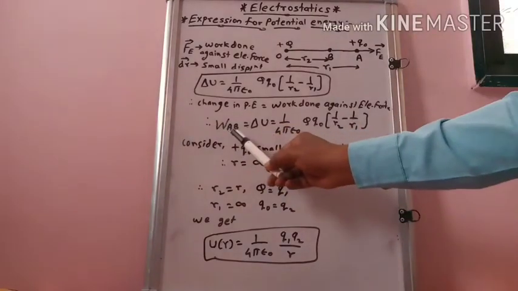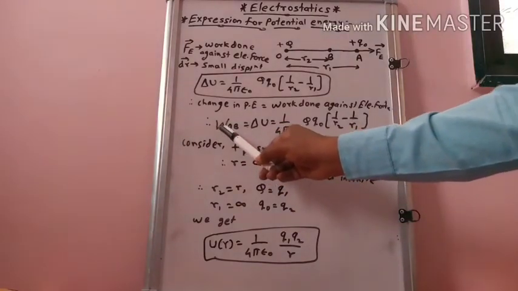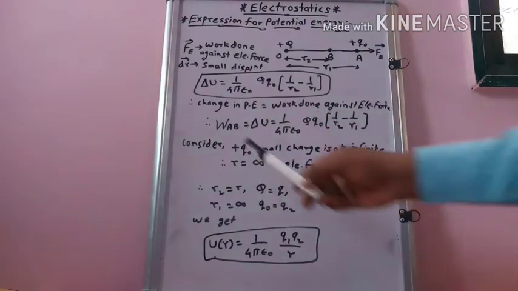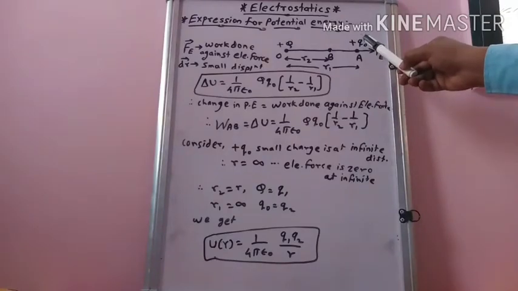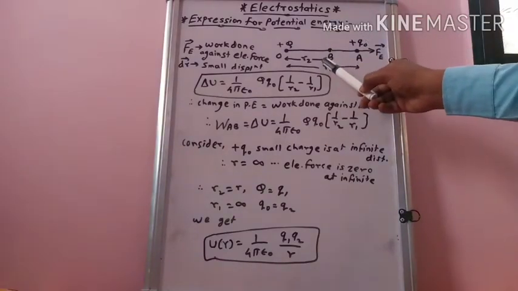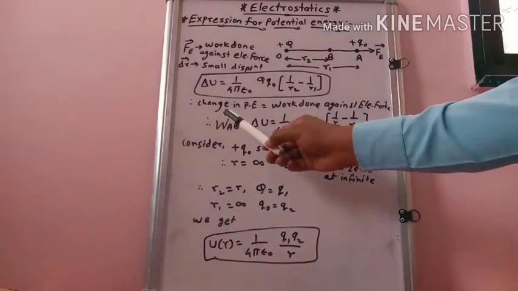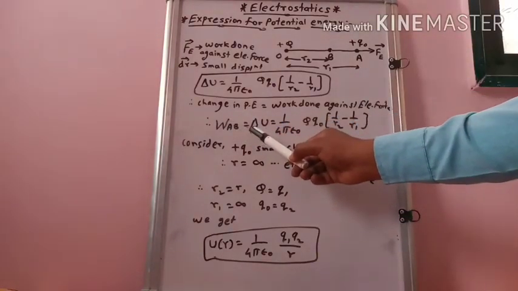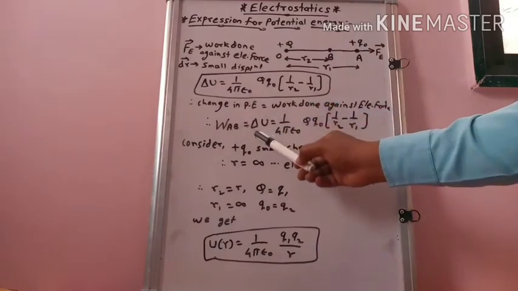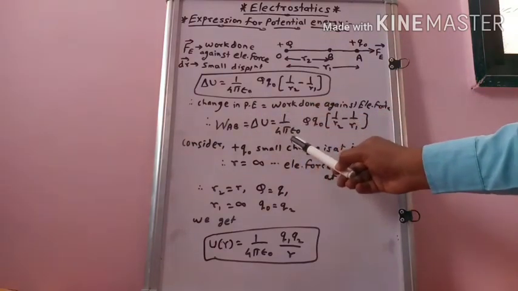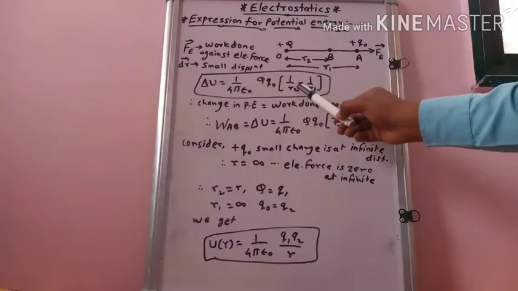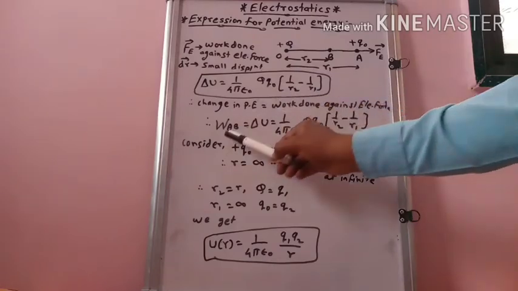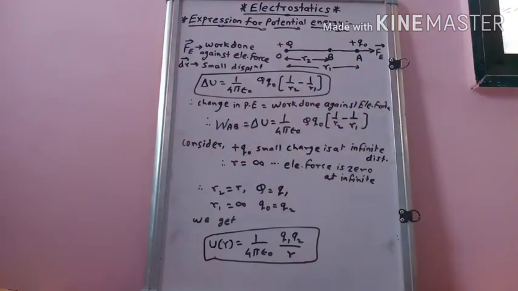Therefore W_AB is the work done from point A to B. The point charge q naught is displaced from point A to point B, and the work done is equal to the change in potential energy, given by 1 upon 4 pi epsilon naught q naught times (1 upon r2 minus 1 upon r1). This change in potential energy is equal to the work done against the electrostatic force.